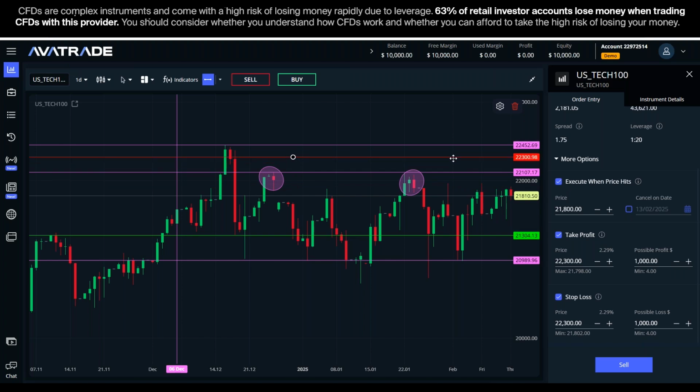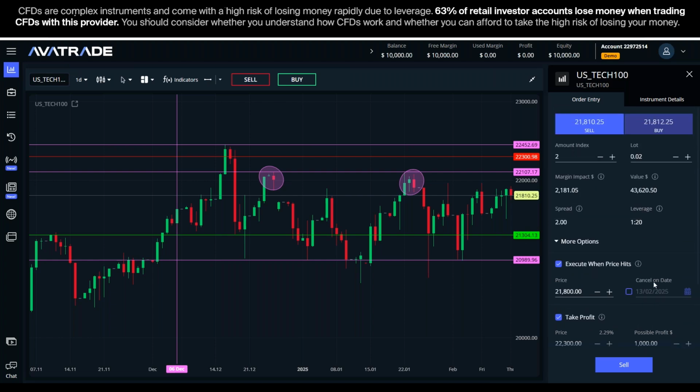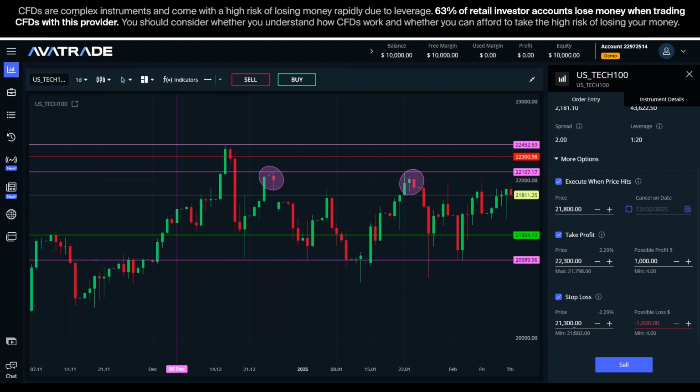There we go. So at the moment we have a $500 difference for each. Something here again doesn't make sense, this needs to be 21,000. Sorry, we are with a sell. There we go, and this is what we would call a 1-to-1 ratio.